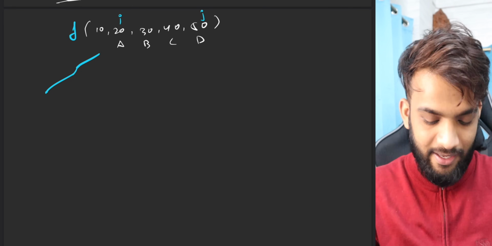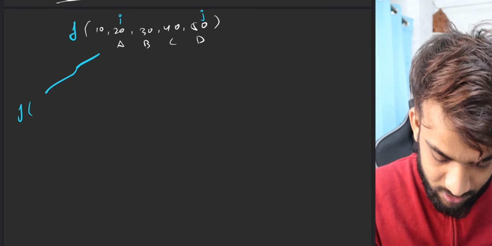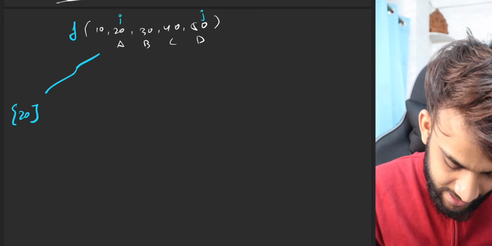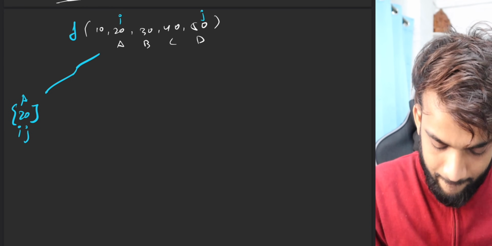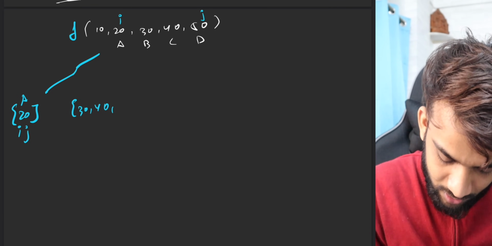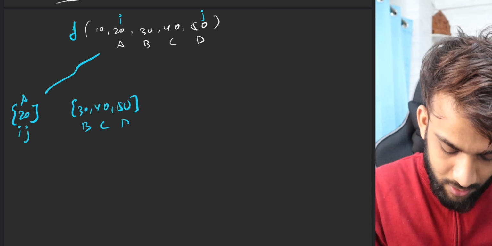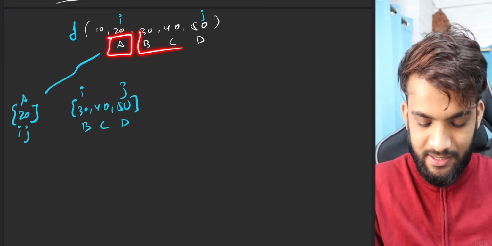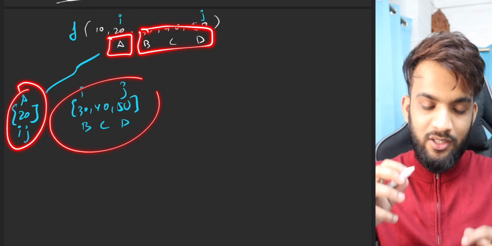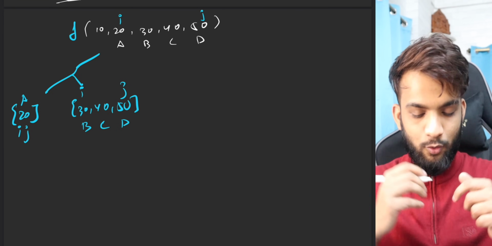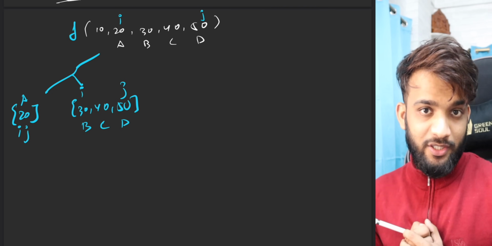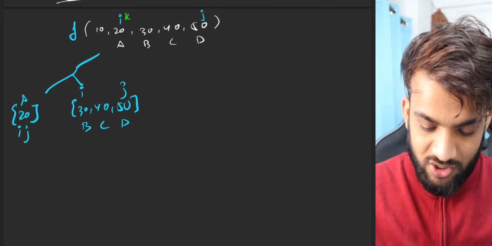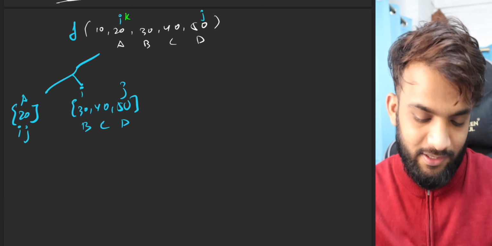If I do a partition for 20, and I is here, J is here, and this is the A. And the other one is 30, 40, 50, where this is B, this is CD, and I is this guy, and this is J. Basically what I did was I said just take A and just take B, C, D. There can be 2 kinds of partitions that I can do, right? So that's the first partition that you can do for K, where K will be initially over here. And this is what the partition will look like.